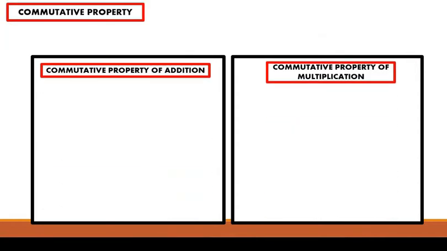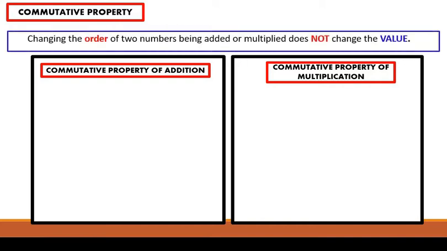Let's go to the next property, which is called the commutative property. It is the same as closure: we have the commutative property for addition and the commutative property for multiplication. So what does it mean?